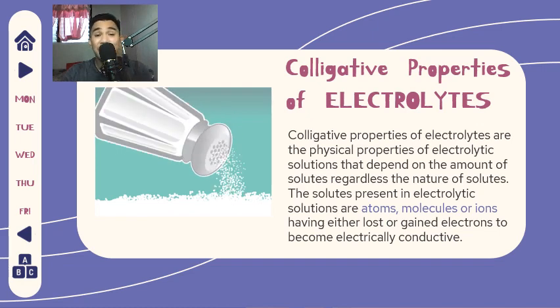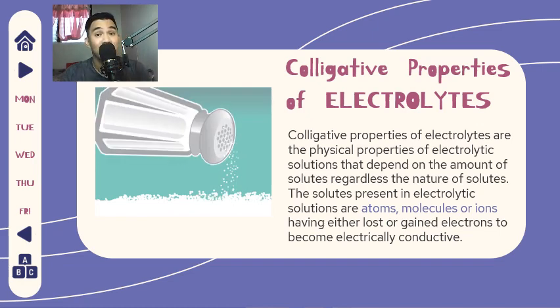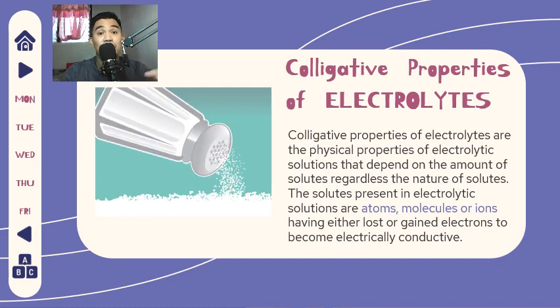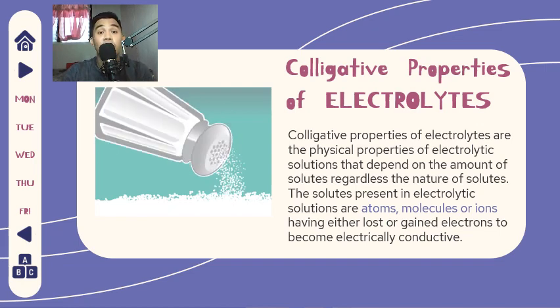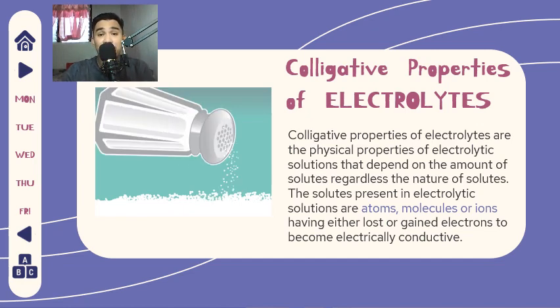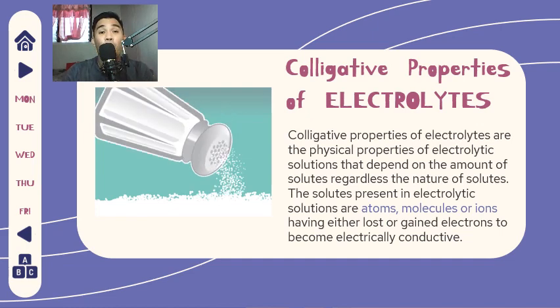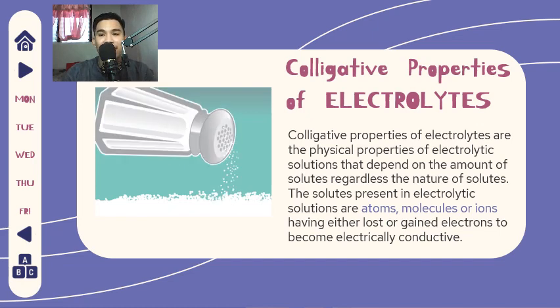So when an electrolyte is dissolved in a solvent such as water, the electrolyte separates into ions or other conductive species. Therefore, dissolving 1 mole of electrolyte always yields 2 or more moles of conductive species. So the colligative properties of the electrolytes are considerably changed when an electrolyte is dissolved in a solvent.